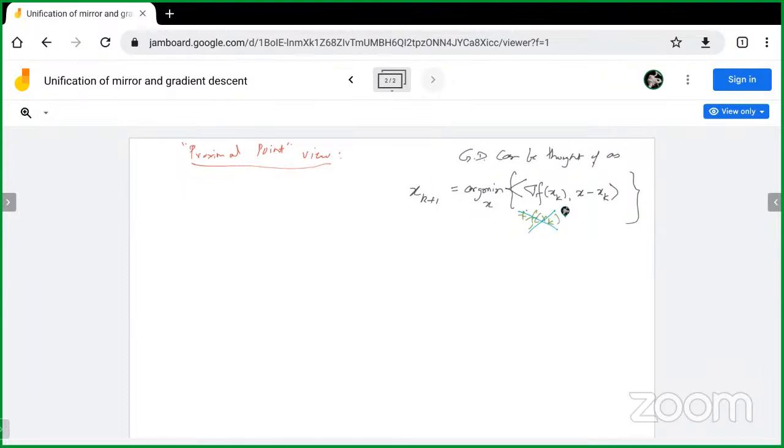So we'll add some penalty or regularizer. And what is this penalty? This penalty is simply maybe the L2 distance squared.